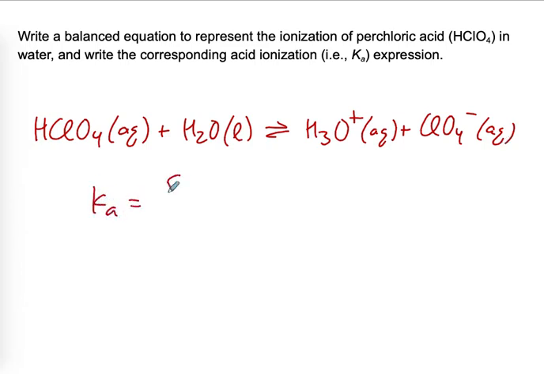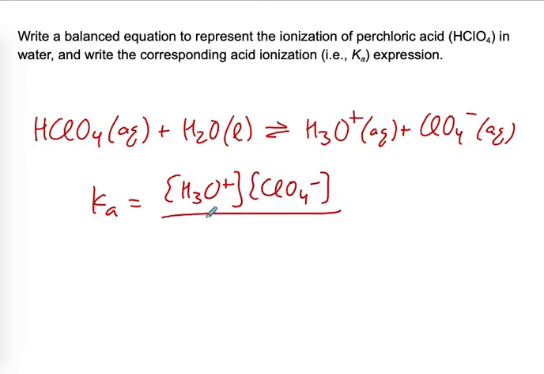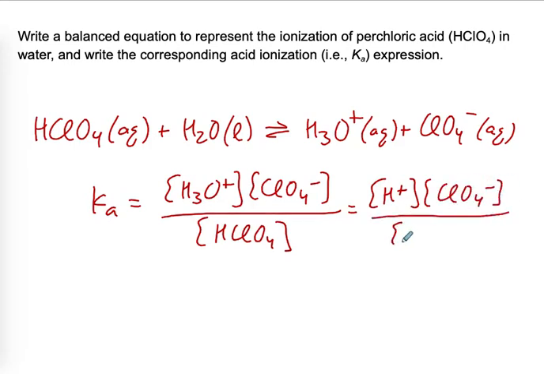Ka for perchloric acid is the product of the hydronium ion concentration times the perchlorate concentration divided by the concentration of unionized perchloric acid, or if you prefer, you can simply do H+, ClO4- over HClO4.